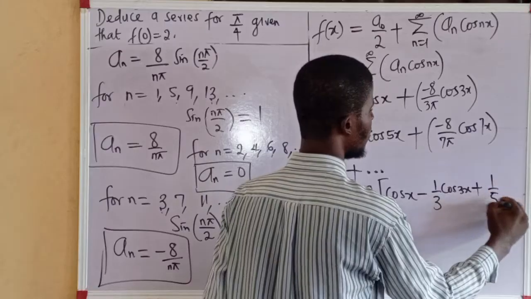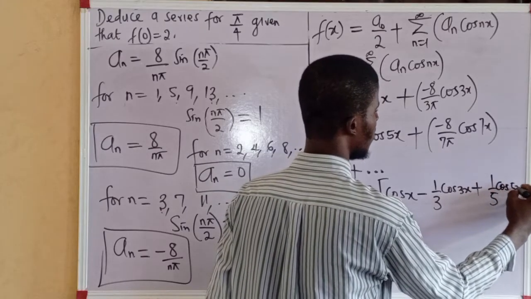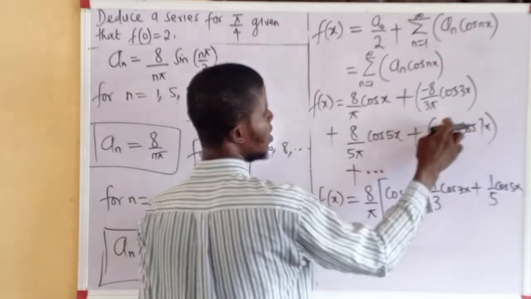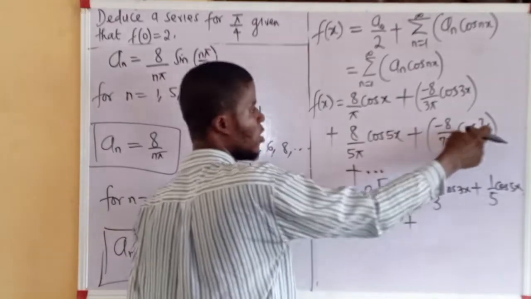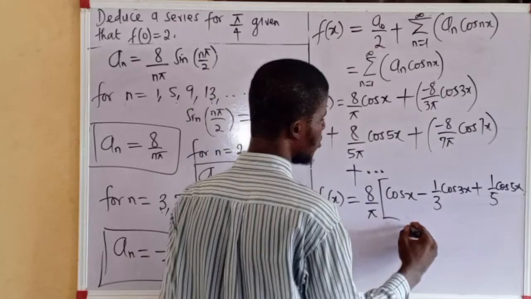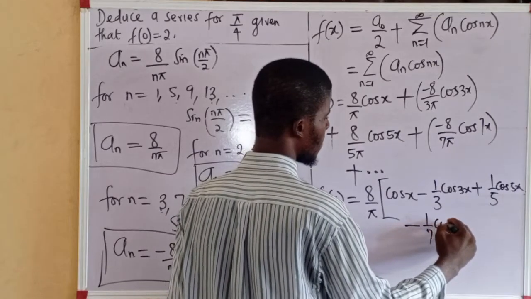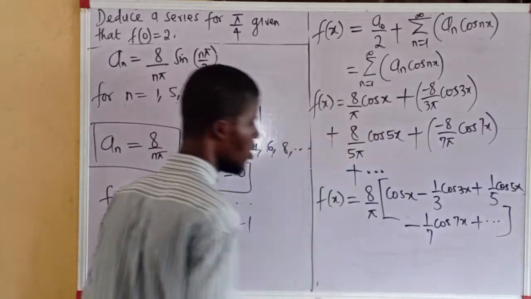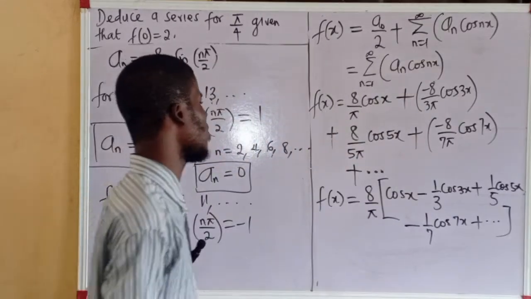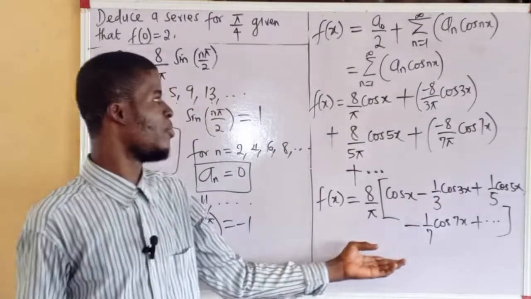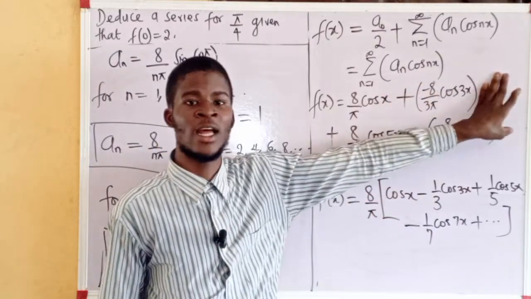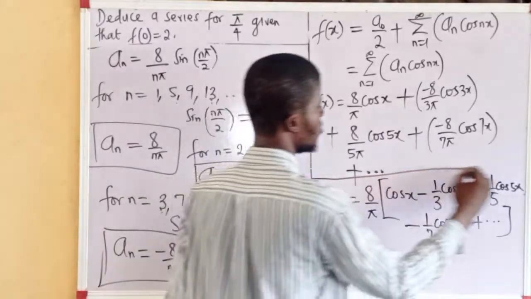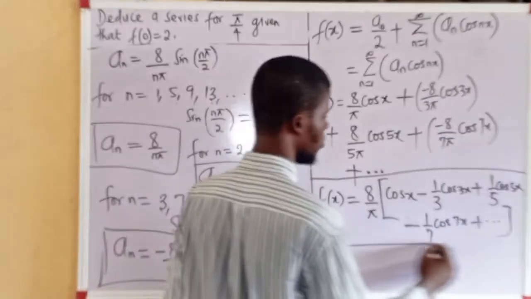Let's add the last one to it: minus 1 over 7 cos 7x, and so on and so forth. So this is actually the Fourier series for that function that we were given initially that I just erased. This is the Fourier series of that even function.